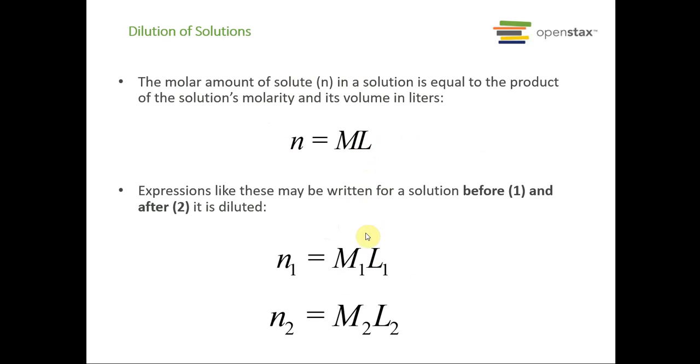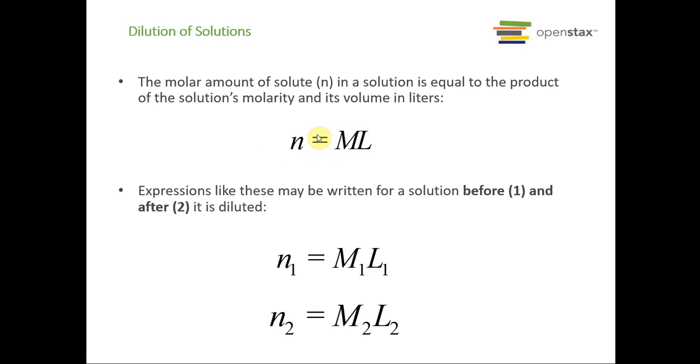They've made an unfortunate choice of variables here. We're going to call concentration C and volume V. In this case, they are using the units associated with concentration, which is molarity, and liters for volume. But the number of moles, if you have the concentration, is the concentration times the volume. It gives you the number of moles.